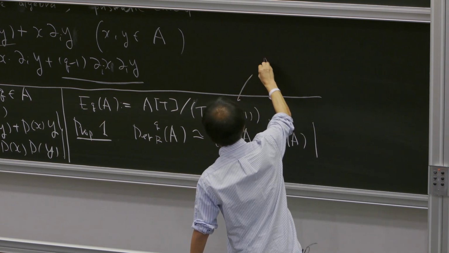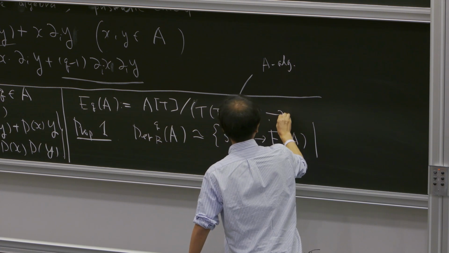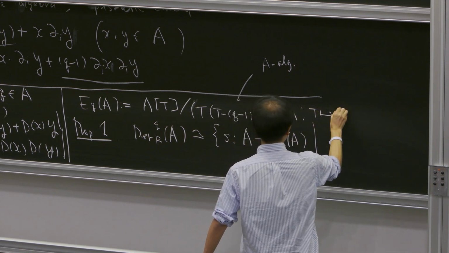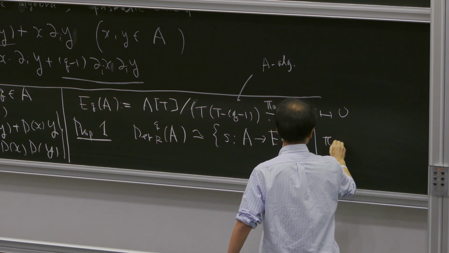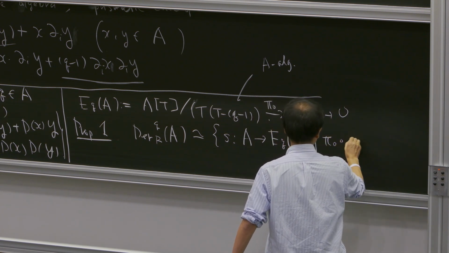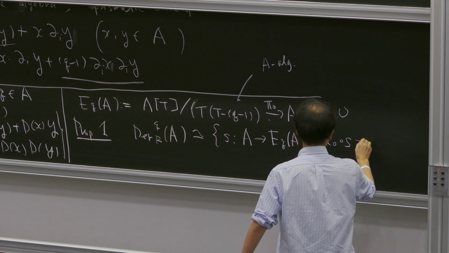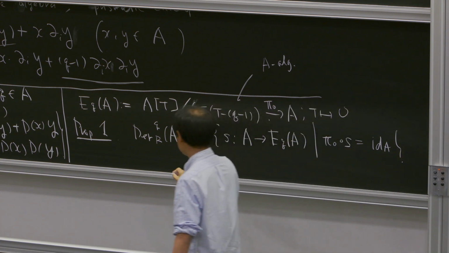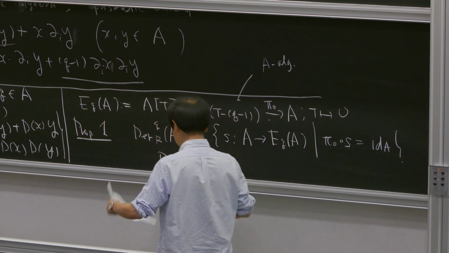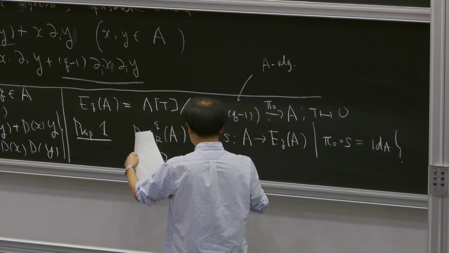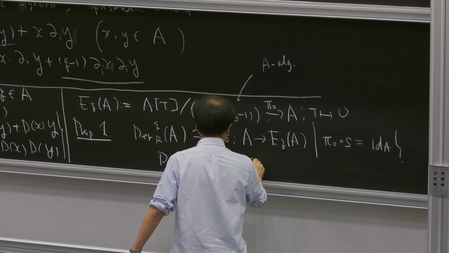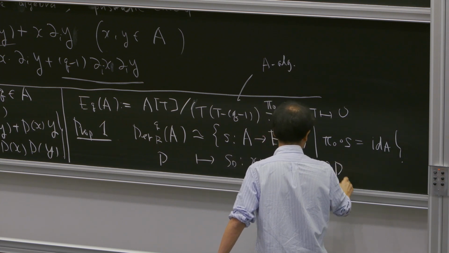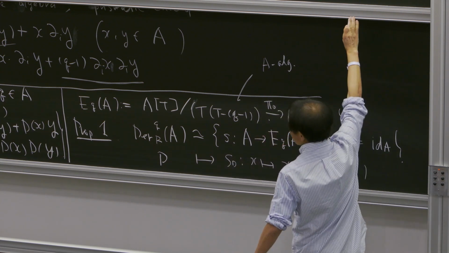This is the A-algebra, and it has an augmentation, which I write as pi_0, where t goes to 0, and the condition is just pi_0 s is equal to the identity. The correspondence is quite simple: s(x) is x plus (q minus 1) dx.